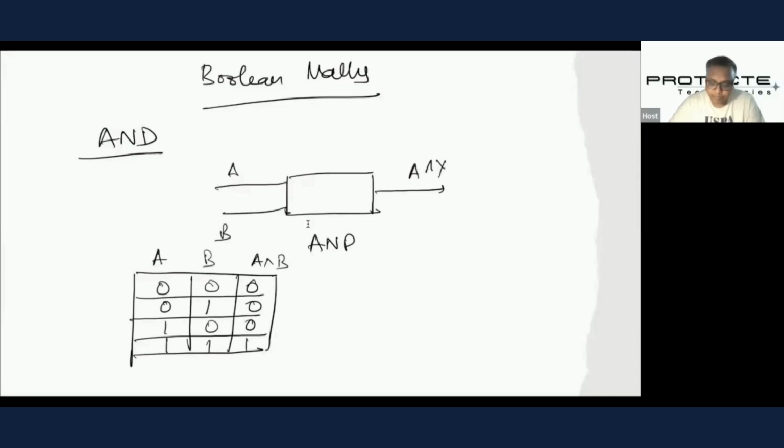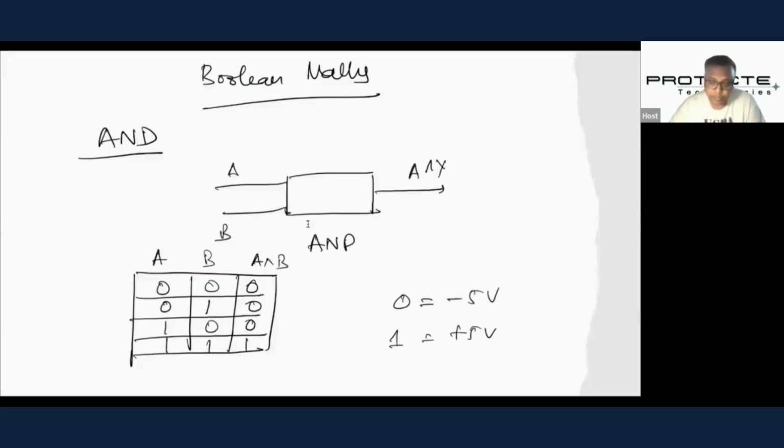What does the implication mean? If you are building a digital system, say 0 is equal to minus 5 volts and 1 is equal to plus 5 volts.